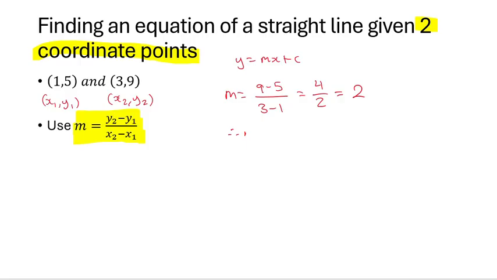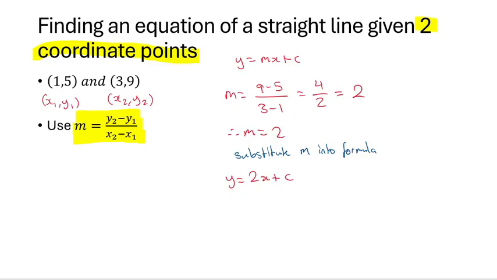So now we know that m equals positive 2. Great. Let's now substitute our m into the formula. So this now becomes y equals 2x plus c.